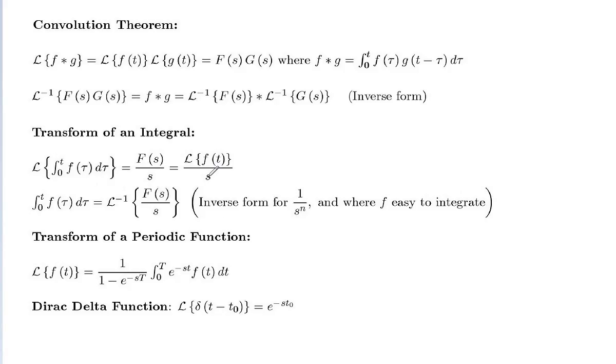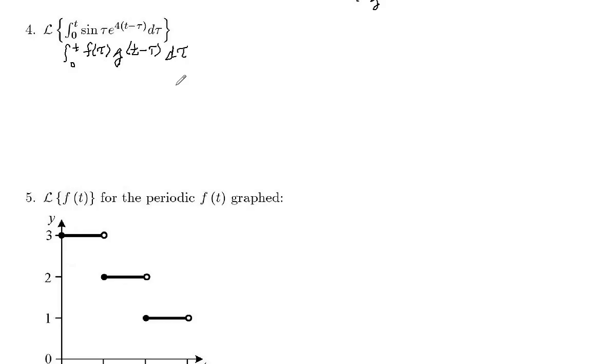We're doing the transform of a convolution. It's an f of tau g of t minus tau. So the Laplace transform of f star g, which is this guy right here, is just the transform of f times the transform of g, not shifted. Okay, so that's what we're going to use.